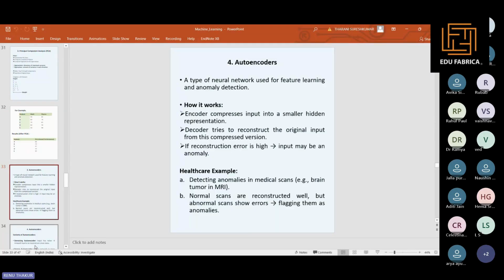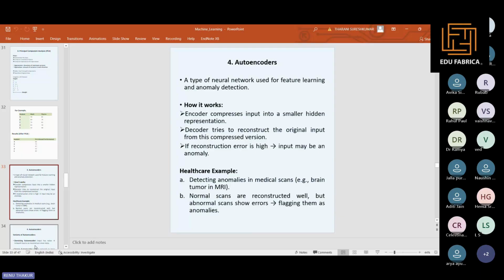So, autoencoder. An autoencoder is also a type of unsupervised neural network that learns to compress data and then reconstruct it back. First is the input, then it moves to the encoder, which makes a compressed representation, then it decodes it, and gives you a reconstructed output. So it's like learning a smaller summary of your data while still keeping the important information.